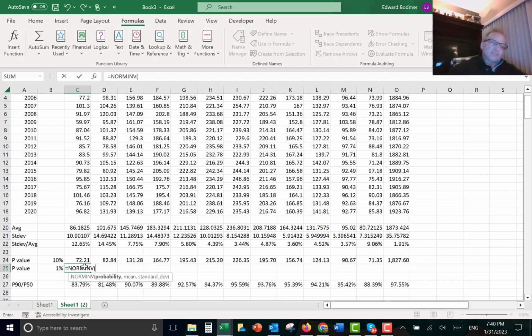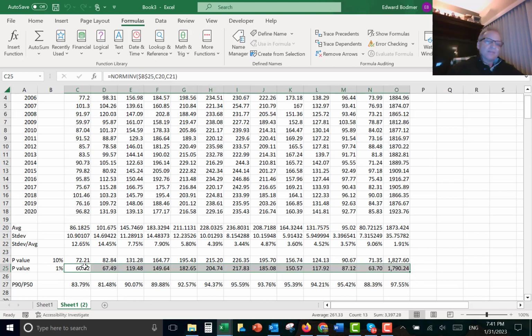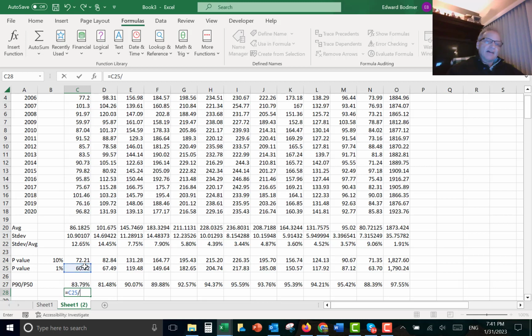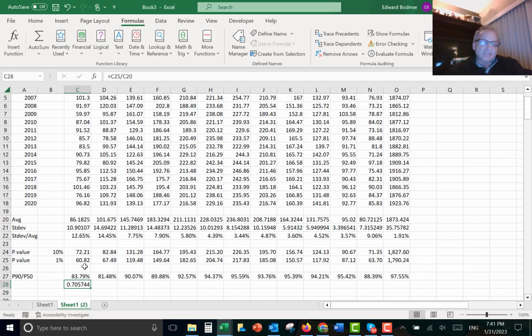Okay, and I used to go kind of crazy and think, oh, this is so complicated. And you take the average and you take the standard deviation, and I used to be so proud of this. I probably repeat myself way too much about it. Okay, and so we could put the P99 divided by the P50. And remember, that's just a downside case.